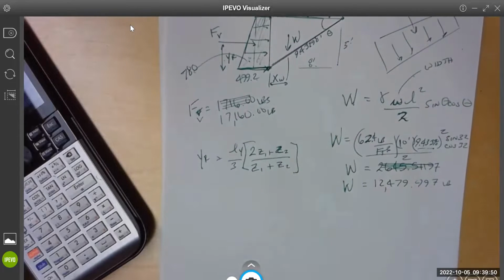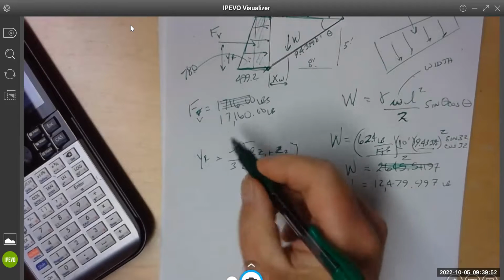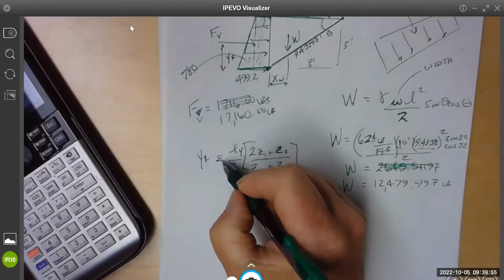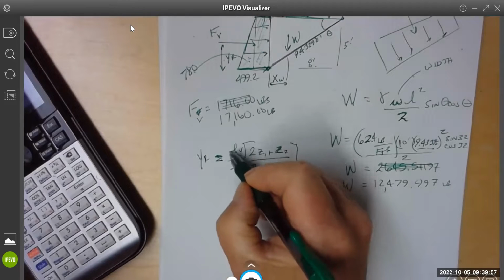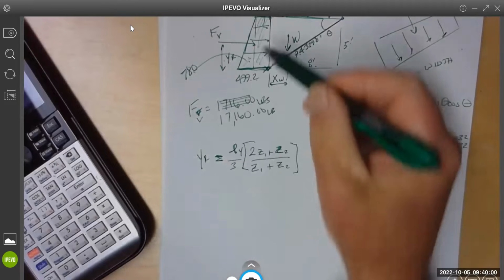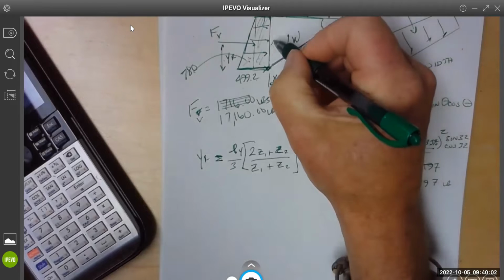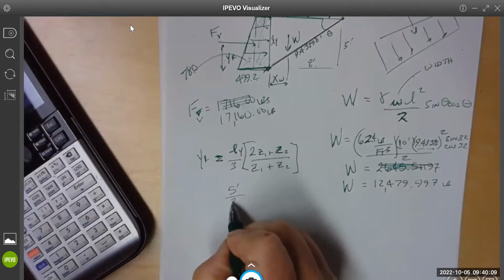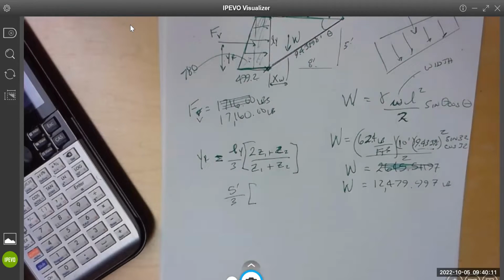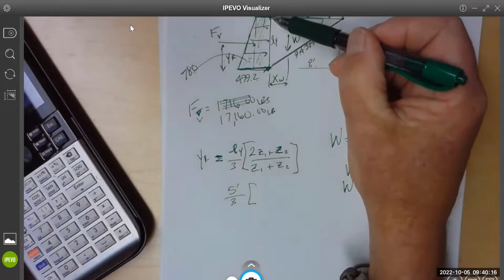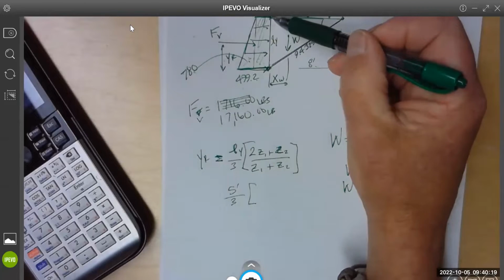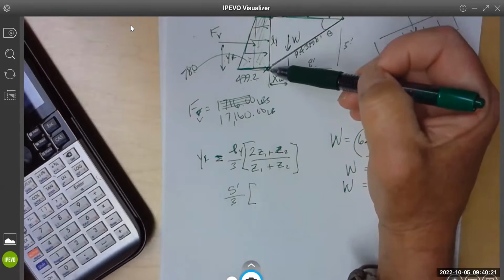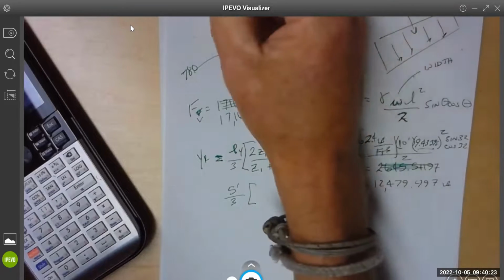Before that, it equals the distance here, like the Y length. 5 feet. So it's going to be 5 feet over 3. And then Z1 is at the top, Z2 is to the bottom, so it's the depth.